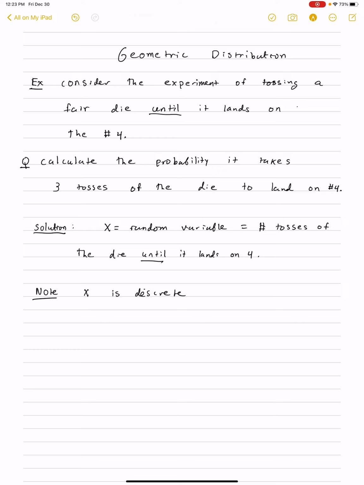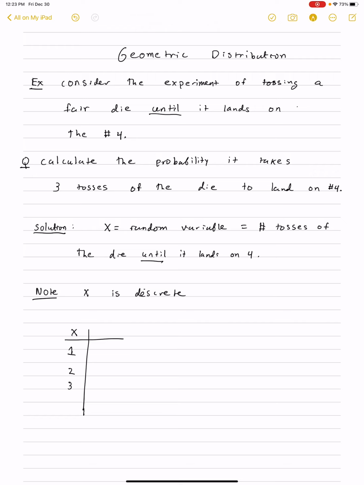Because X could be, we need at least one toss of the die to land on 4, so X has to start at 1. Another possibility is that it takes 2 tosses of the die, that's 2.